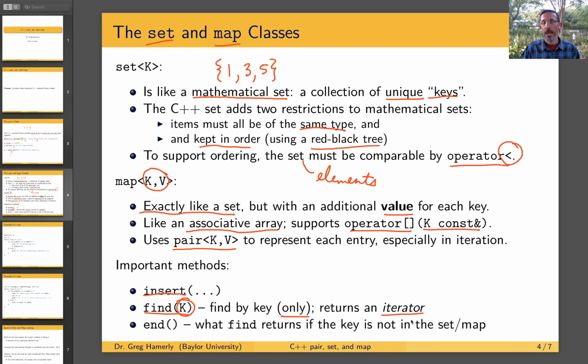And that iterator either points to the thing that we were looking for, where the key is equal, or if the item was not found in the set or the map, it returns the end iterator. The end iterator, as we have talked about, is one past the last valid iteration point in the collection. So this is what's returned if the key that we're looking for is not in the set or the map.